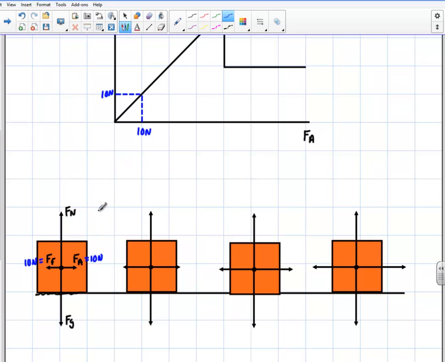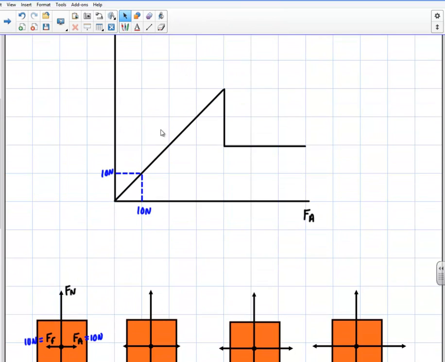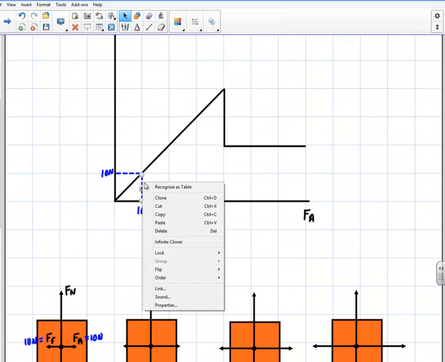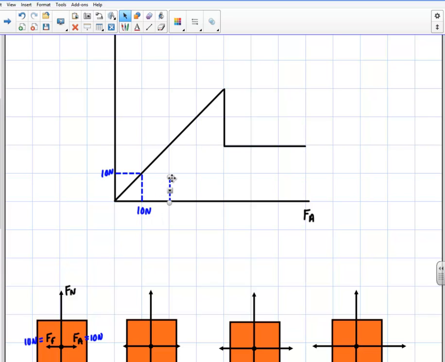No problem. Then at some point, though, you're going to try to push harder on that box, and you're going to say, well, let's see how tough friction is. Let's see how strong it really is. What's the breaking point? So I'm going to push on this graph with 20 newtons.